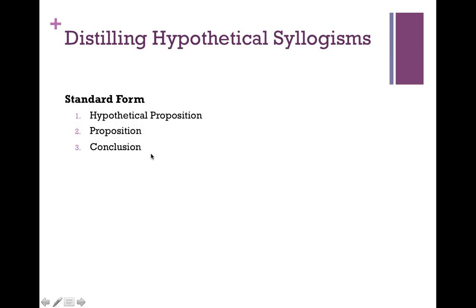So in a pure hypothetical syllogism, your conclusion is going to be therefore if A then B. And what you basically want to do is list first the proposition that has whatever is in the antecedent of the conclusion. And it should be fairly clear what the logical sequence of a pure hypothetical is going to be.